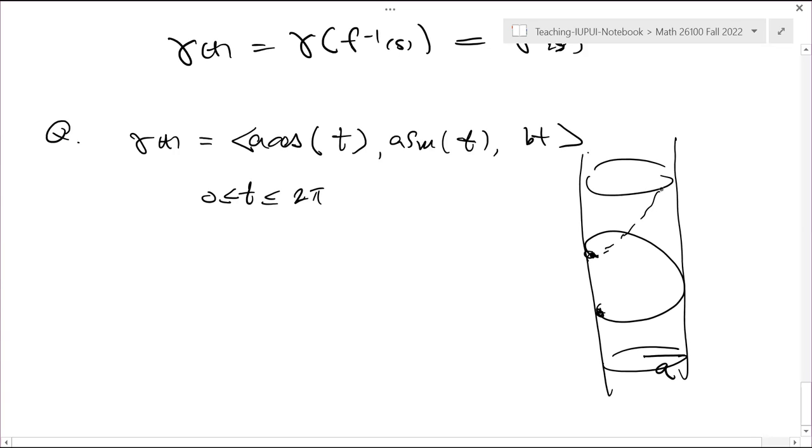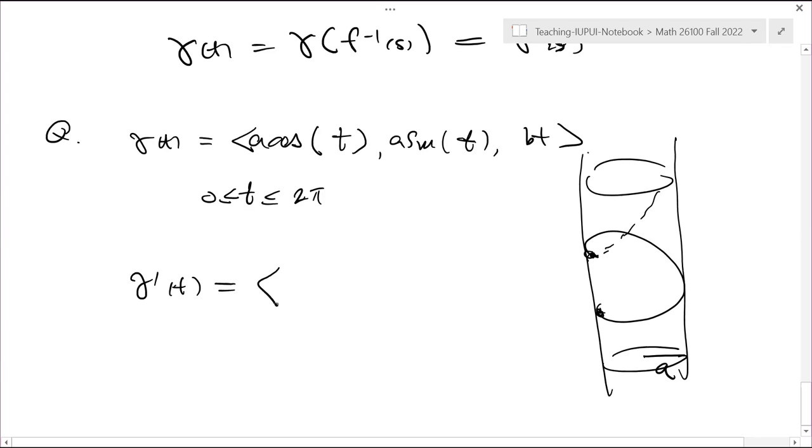I want to find a new parameterization. Find the parameter s. Right now the tangent vector does not have unit length.